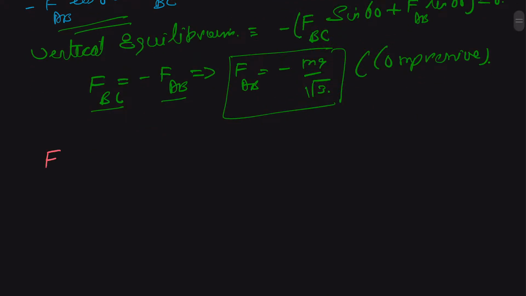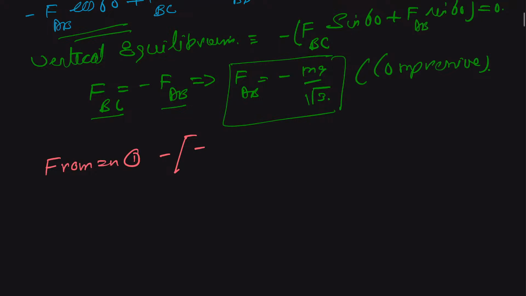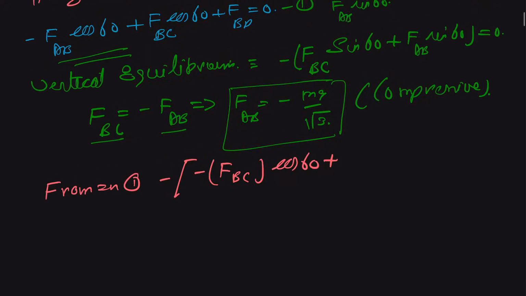So we can see from equation 1 we get minus of minus FBC cos of 60 plus FBC cos of 60, and one second, this should be like this, FBC and plus FBD is equal to 0.